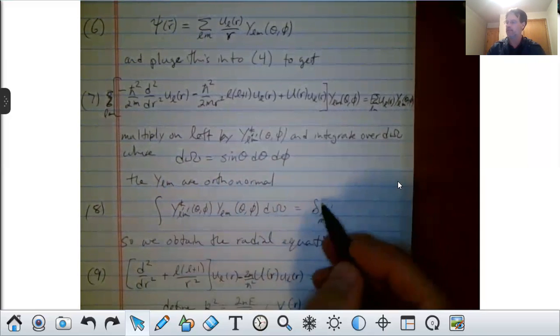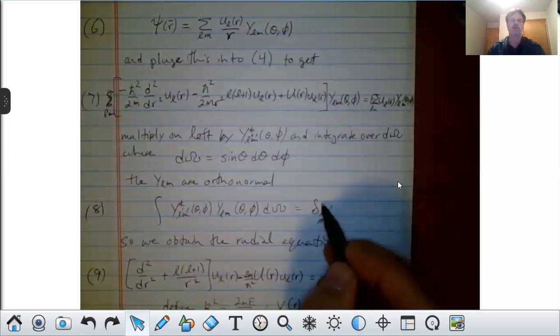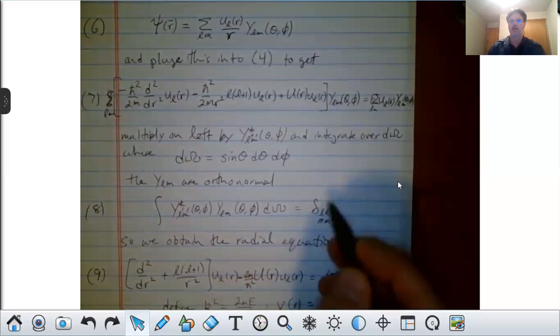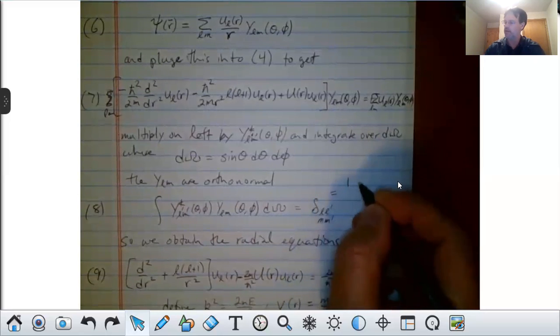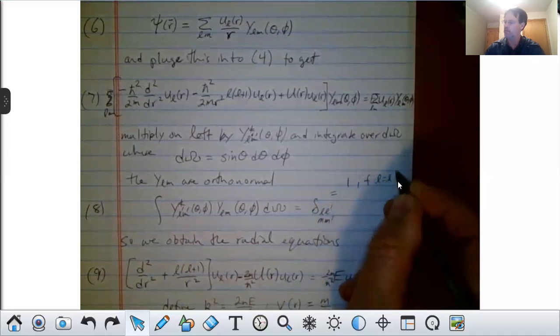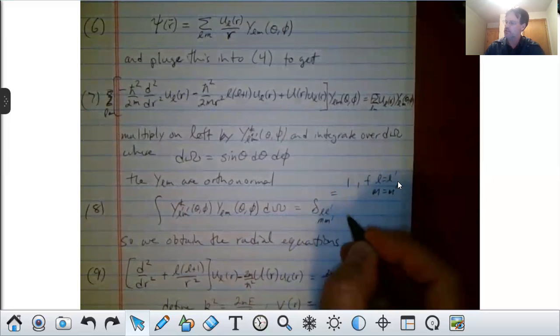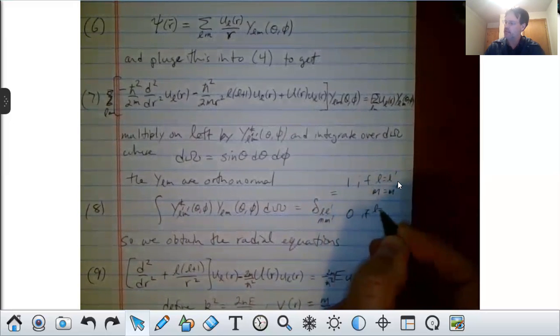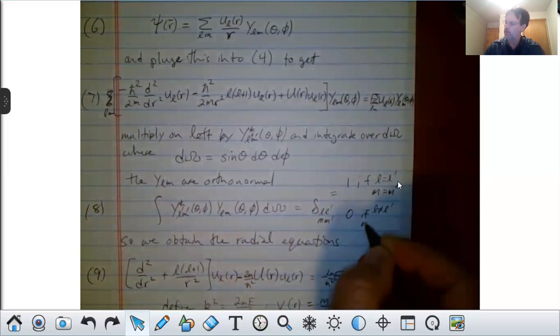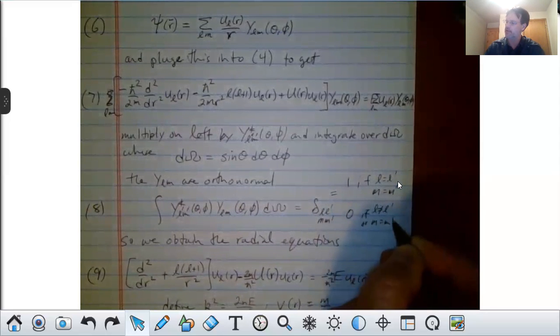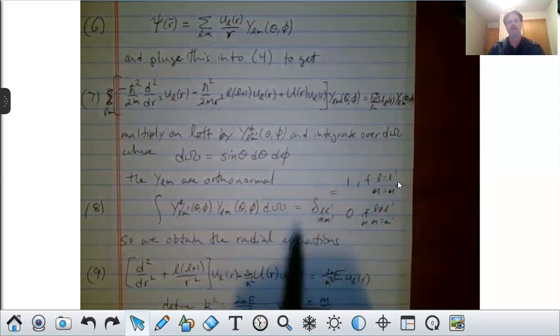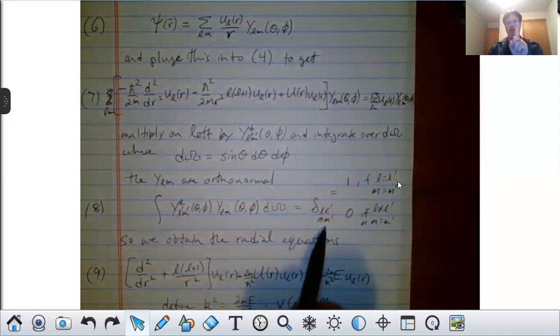So this delta, sometimes called a Kronecker delta, just means it's 1 if L equals L prime and M equals M prime, and it's 0 if L is not equal to L prime or M is not equal to M prime. Everything has to be the same, and if it is, it's normalized, so it's equal to 1.